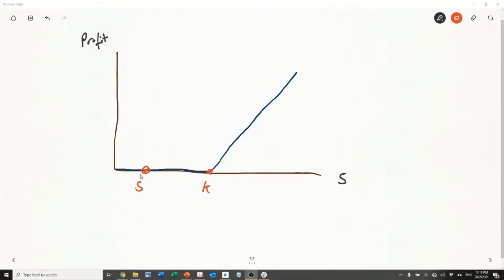If S is lower than K for a call option, then the option is said to be out of the money. Again, an option is out of the money if it doesn't make sense to exercise it, or the payoff will be 0 from the option.